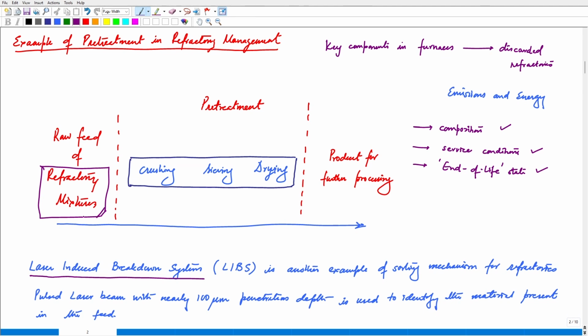Normally, in an industry, multiple furnaces generate different types of refractories, and these refractories are normally not sorted.